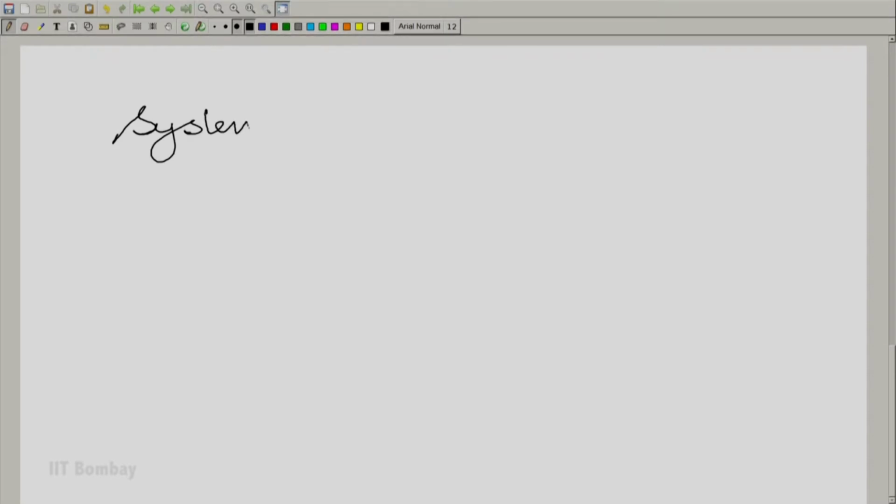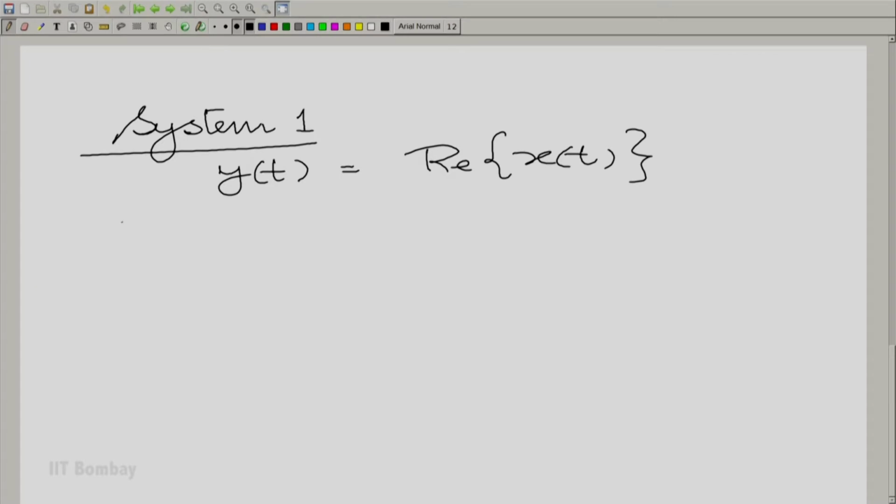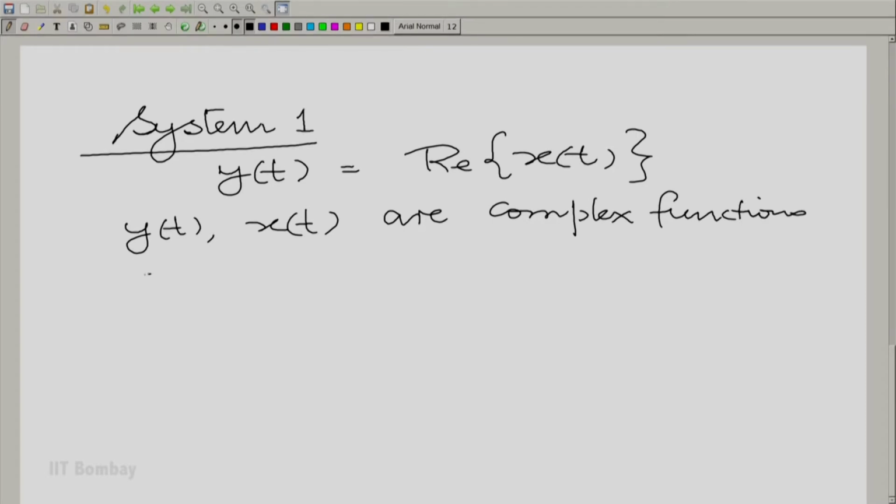Let me put down system 1, where I describe the input-output relationship by y of t is the real part of x of t. And remember, y of t, x of t are both complex functions of t. I must emphasize this. So, they are complex signals, not necessarily real.